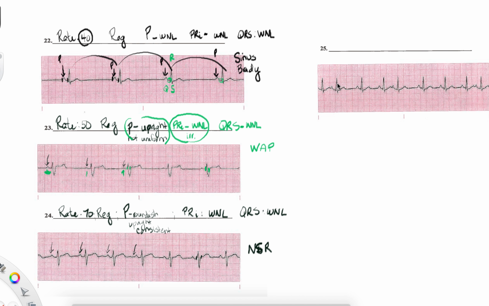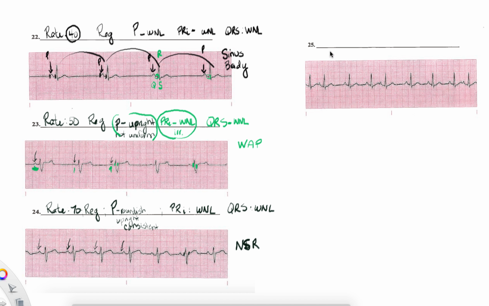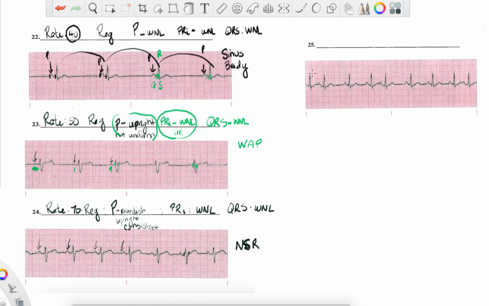So we have a rate of 1, 2, 3, 4, 5, 6, 7, 8, 9. Okay, so this last one, I had to look at it. It was a little bit tricky. I want to draw your attention to this first complex. Is the entirety of this complex in the 6 seconds?